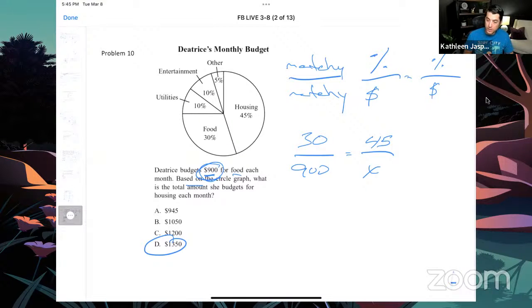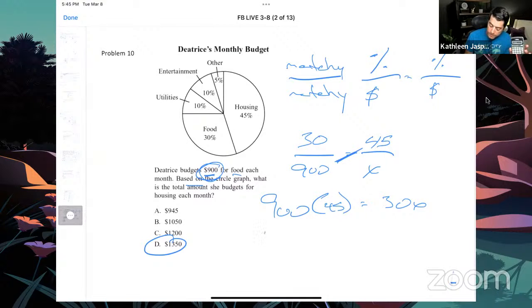You can do a proportion by getting it written correctly, like I have here, and then just grab your calculator, because it's all cross multiply and divide. You cross the two numbers first. In this case, it's 900 times 45, and it equals 30x. When I do 900 times 45, I keep it in my calculator.